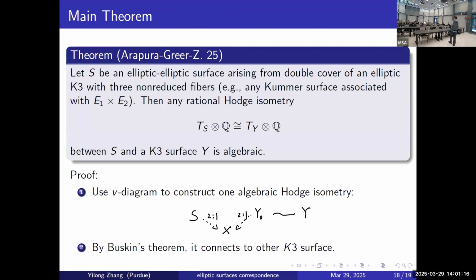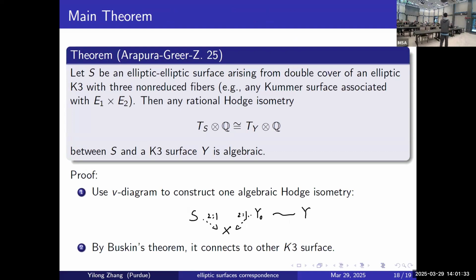All right. So now this is our main theorem. I should mention that it's joint work with Arapura and Greer. This work is not posted on the arXiv yet, but we hope to have it very soon.